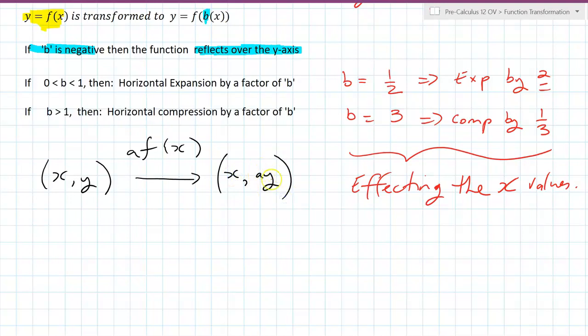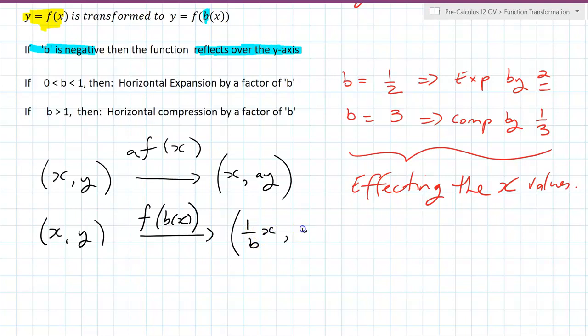So a becomes the multiple of y, and that's a vertical expansion or compression. But if you have x, y and it goes through the horizontal transformation, the x value changes, and that becomes 1/b times x, comma y, because y doesn't change. That is the transformation for the horizontal and vertical expansion and compression.